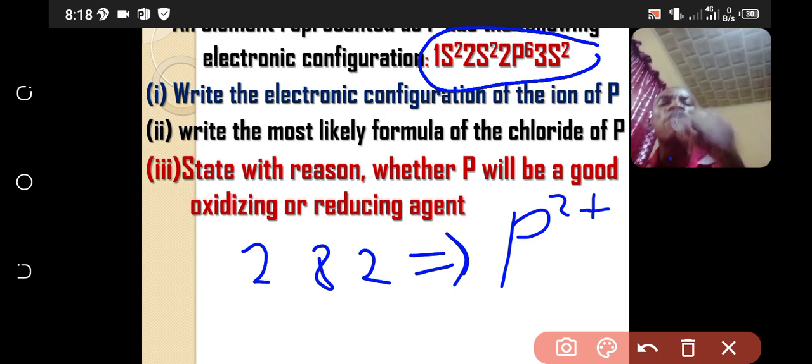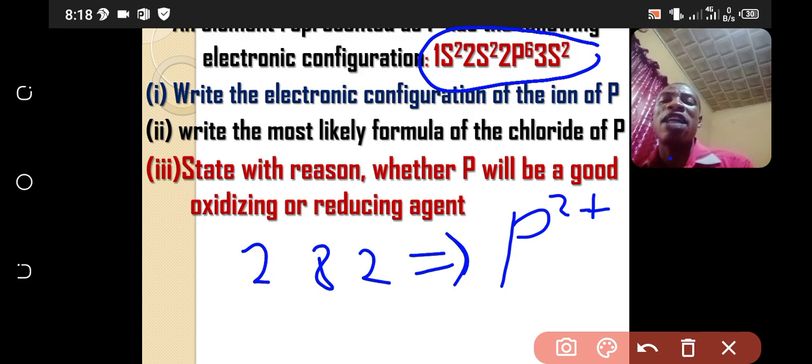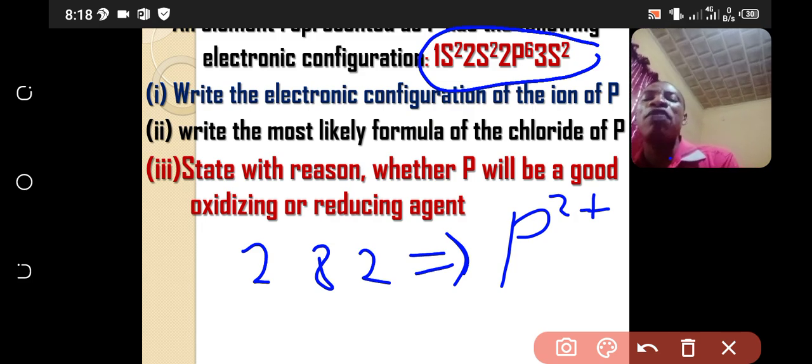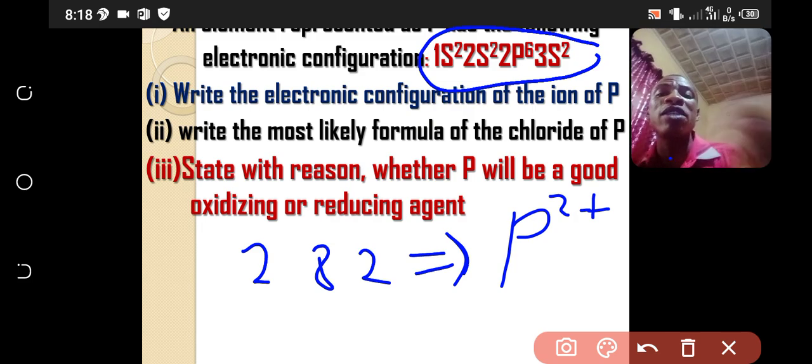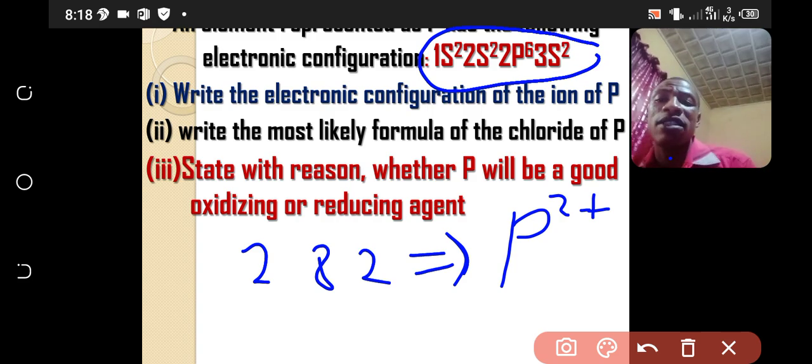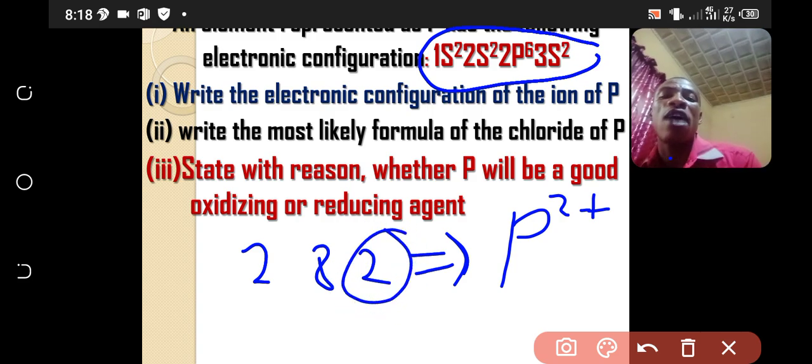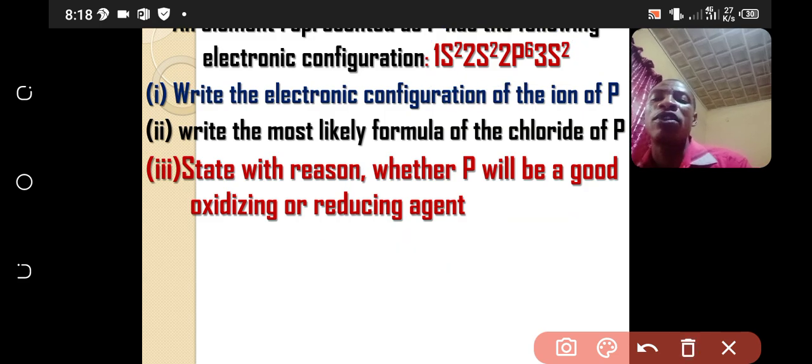So what will be the configuration of the ion? Now we have P2+, which means 2, 8, since the 2 electrons have been lost to form the ion. So we are going to have 1s2, 2s2, and 2p6. That will be the ion of that element.